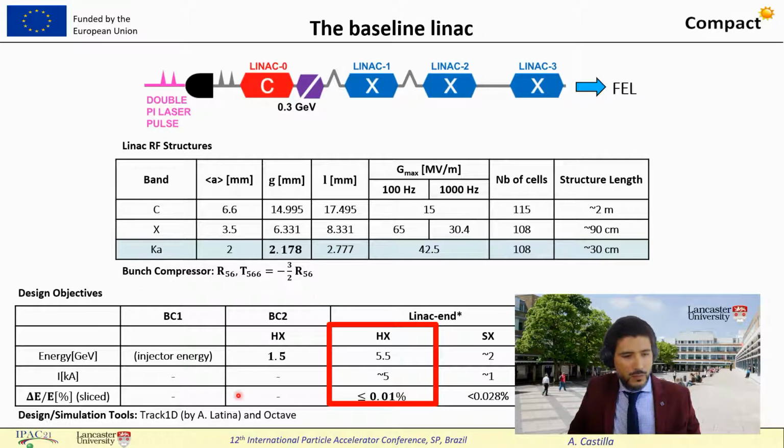In this bottom table I am highlighting some of the requirements for the bunches at the different operation regimes, and it's important to see the tight requirement for the slice relative energy spread that we have here, about 0.01%, a restriction which is relatively tight.